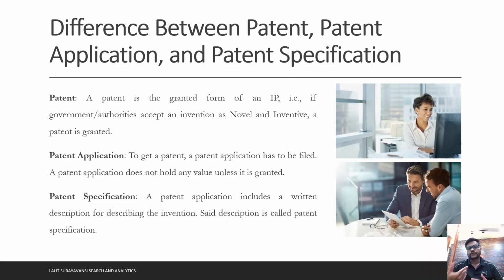And to file a patent application, you need a written disclosure of your invention, and that written document is the patent specification. So you write a patent specification, file it as a patent application, and then get a patent. If the patent office agrees that your invention is new and inventive, they allow a patent. So this is the basic difference between patent application and patent specification.